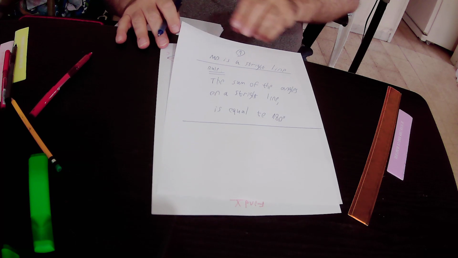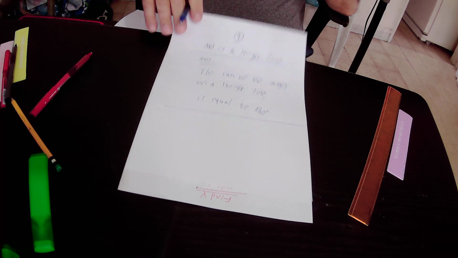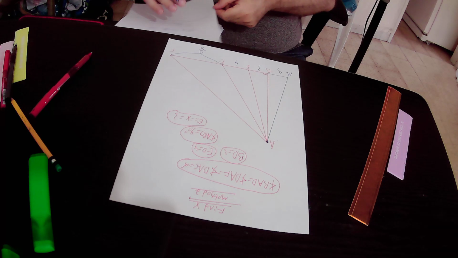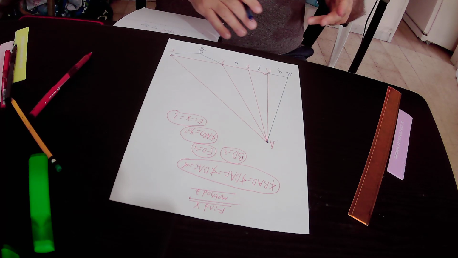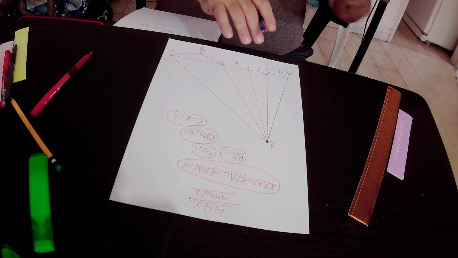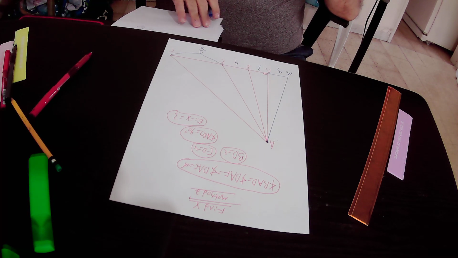We'll read again the rule. The rule states that the sum of the angles on a straight line is equal to 180 degrees. And we know that MD is a straight line, therefore the sum of the angles along MD is equal to 180 degrees, and especially at point B of the straight line MD, the sum of the angles is equal to 180 degrees.